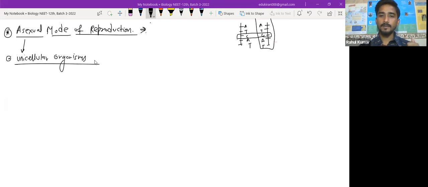Write down. Unicellular organisms, for example bacteria, naturally reproduce through asexual modes.